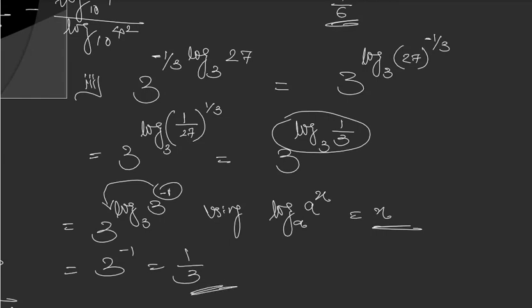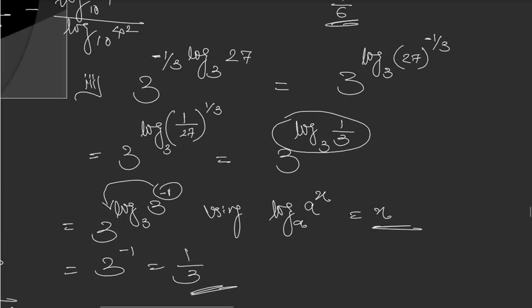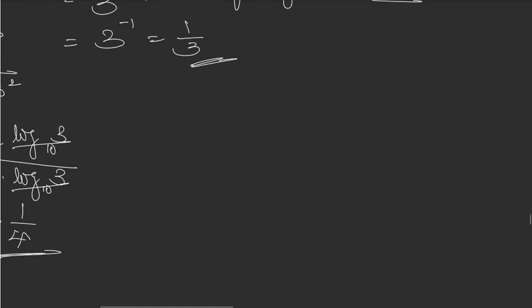But in your textbook, what they have done is they have used a direct formula for this. So I would like to share that direct formula with you. They have written that a raised to log of x to the base a is nothing but x. Remember this.